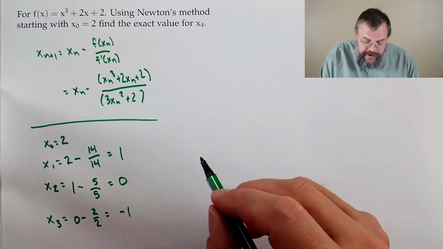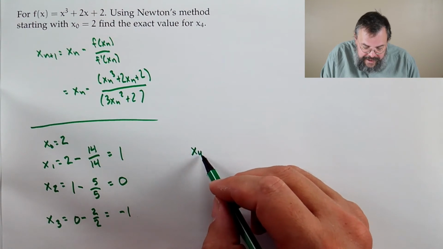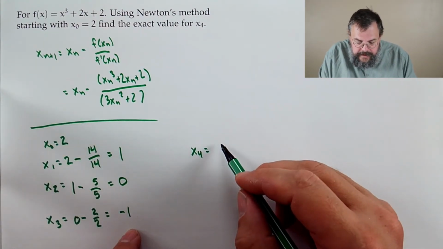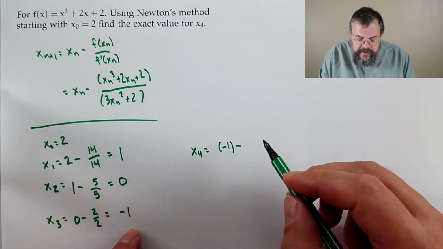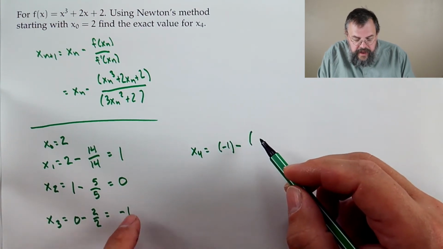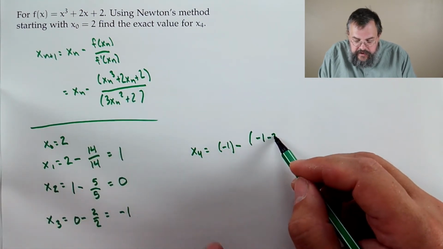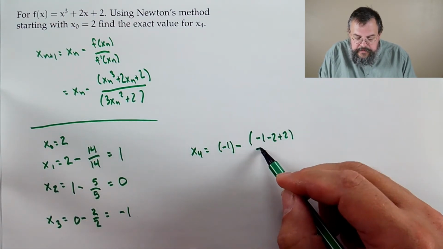Okay, so what is x4, the answer? So that's plug in negative 1, subtract. Okay, negative 1 cubed is minus 1, then minus 2, and plus 2.